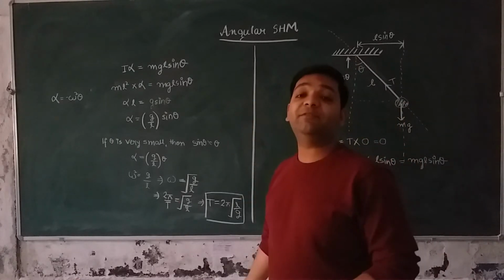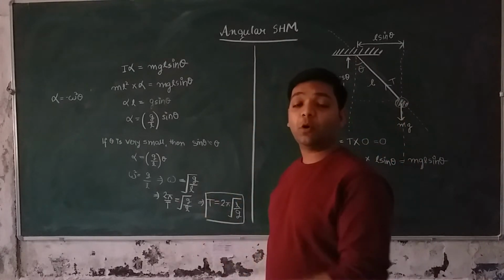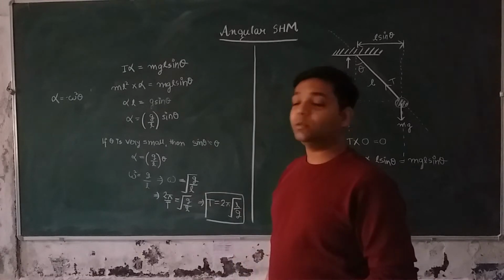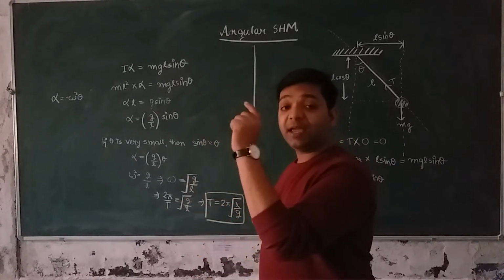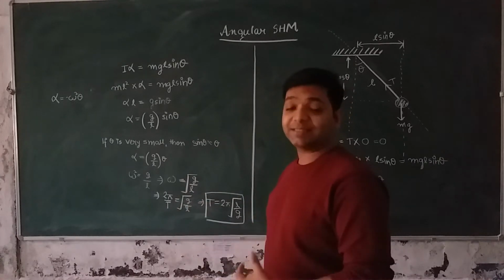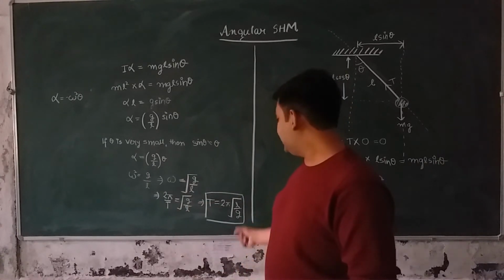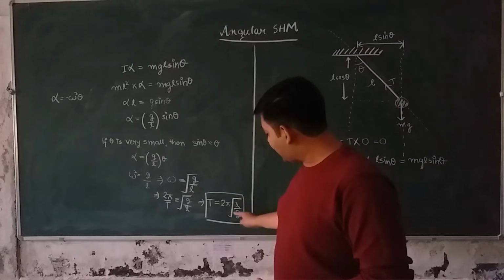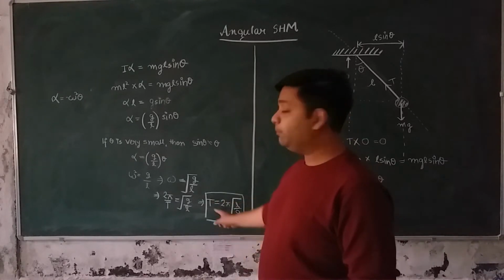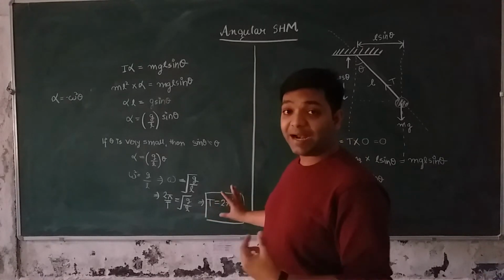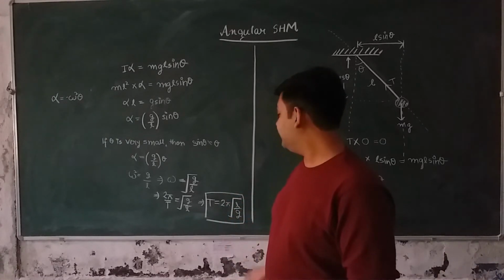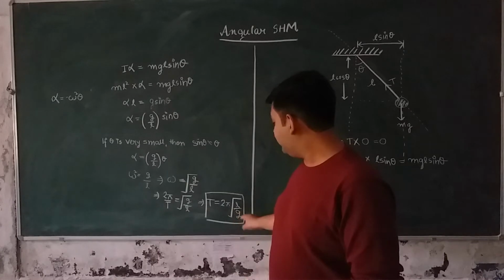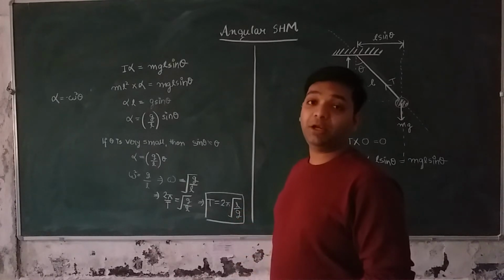For example, if the lift is accelerating upwards or downwards, then you replace this value of g with the effective value of acceleration acting on the ball, and substituting that value here gives the time period for that simple pendulum. So you always need to substitute the effective value of g.